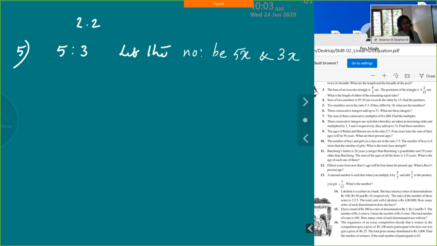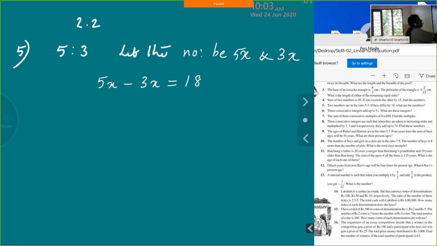Why did I ask you which one is greater? In this question, the expression given is "differ by": the two numbers differ by 18. So the bigger number 5x minus 3x is equal to 18, because the difference between the two numbers is 18.